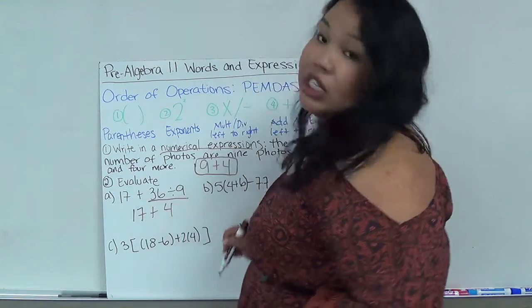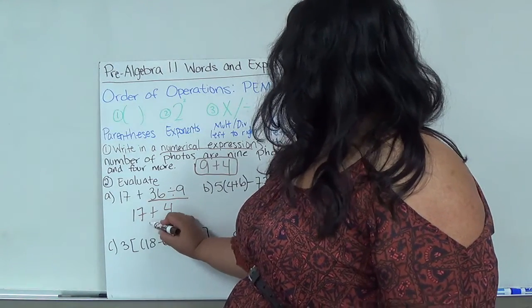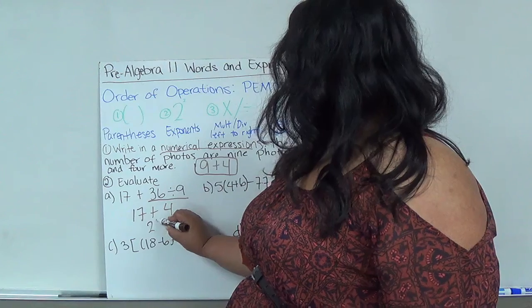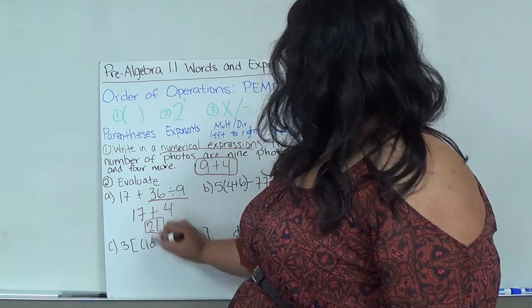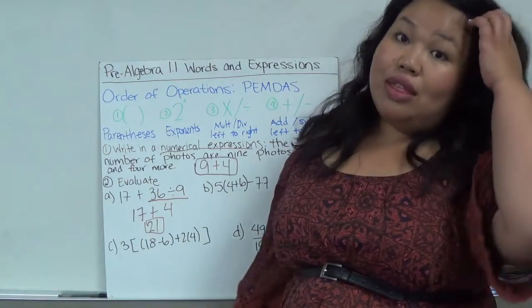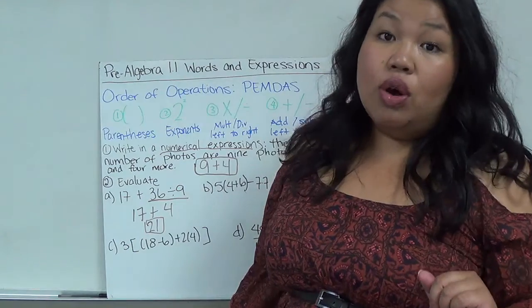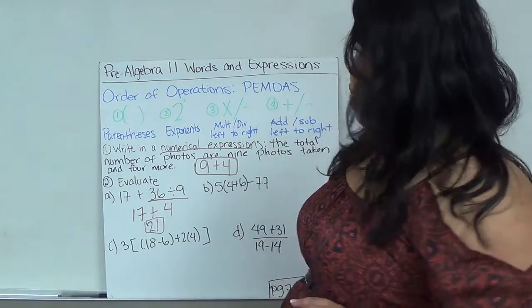Then we can do addition next, which is 17 plus 4, which is 21. You will not get the same answer if you do 17 plus 36 first and then divide by 9. You might actually get a decimal if that's the case. So please make sure you're paying attention to the order of operations.